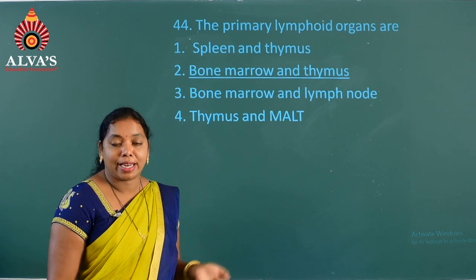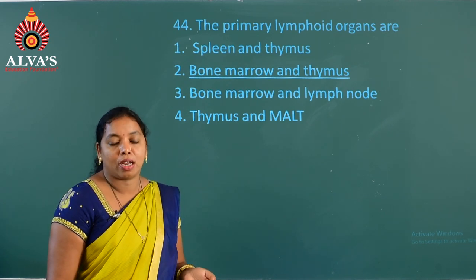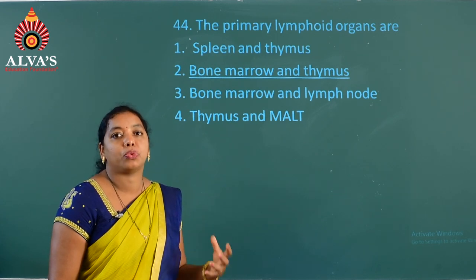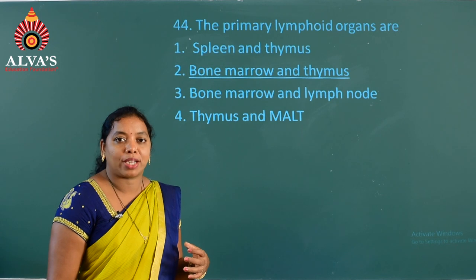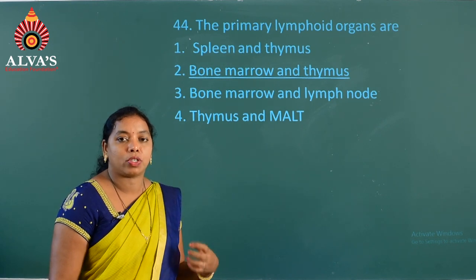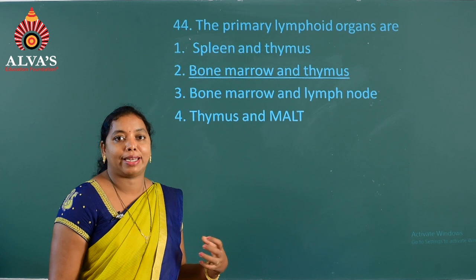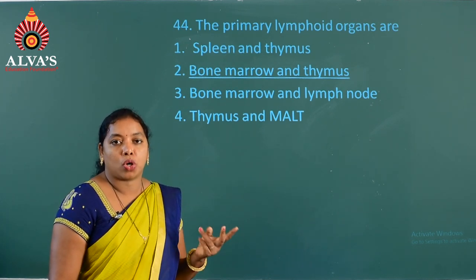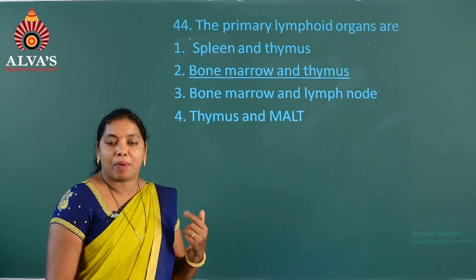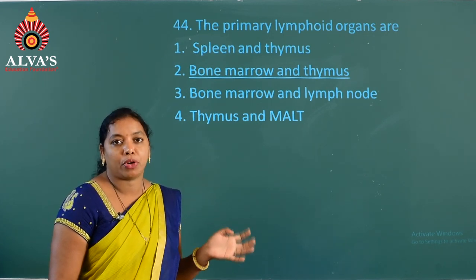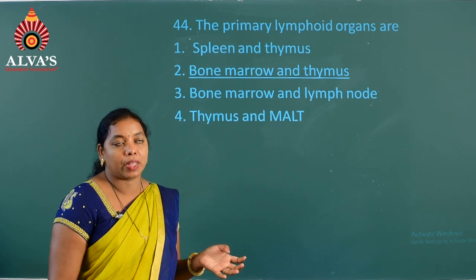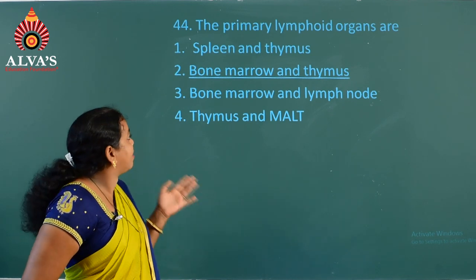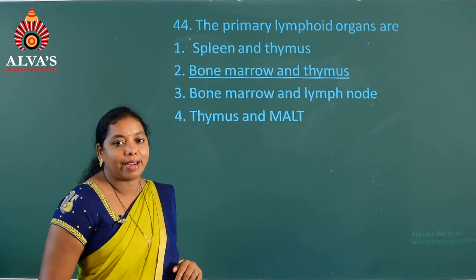Whereas the secondary lymphoid organs are regions where the lymphocytes become sensitive to antigens. These organs are the spleen, tonsils, appendix, MALT, GALT, even Peyer's patches. Here the question was primary lymphoid organs, which are bone marrow and thymus. So the second option is the right answer.